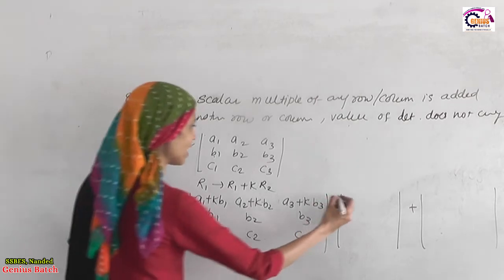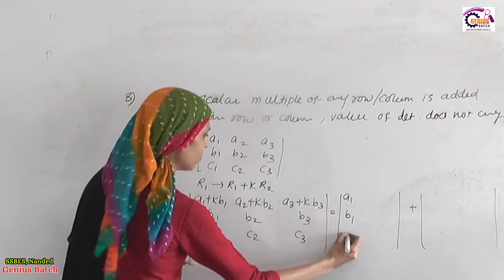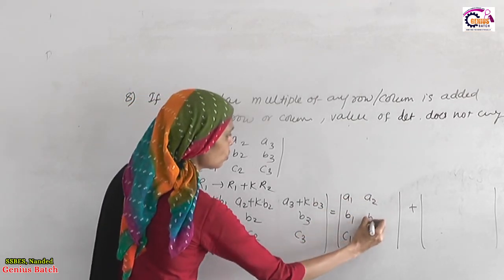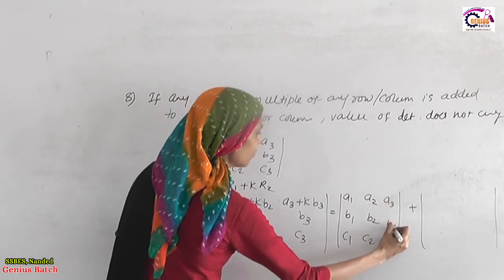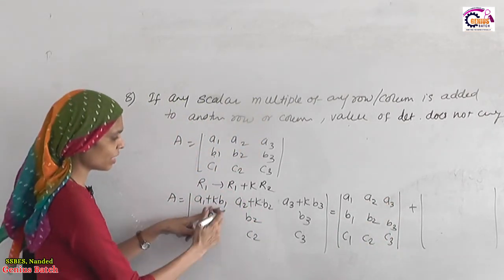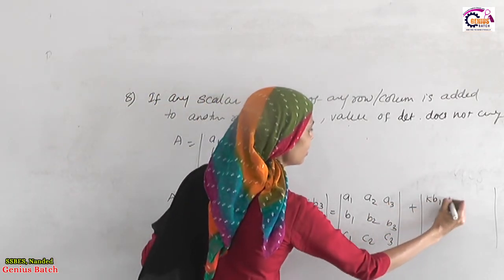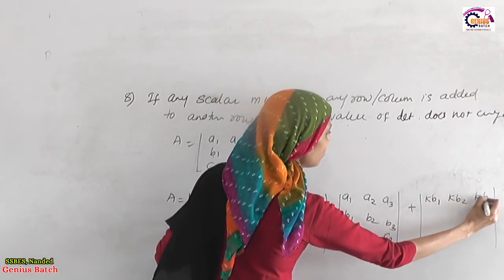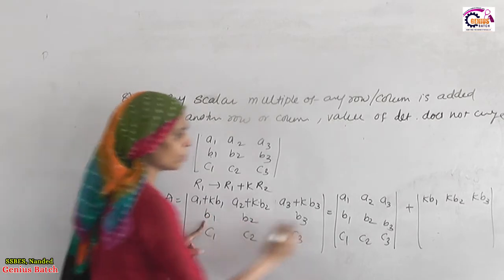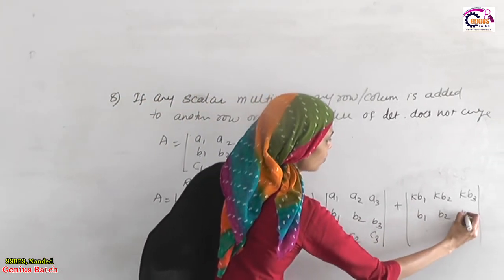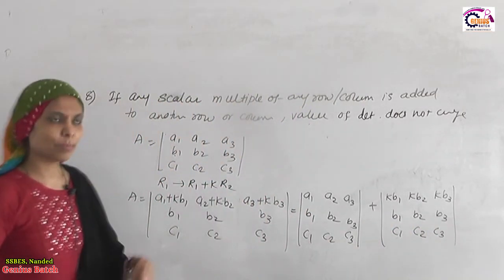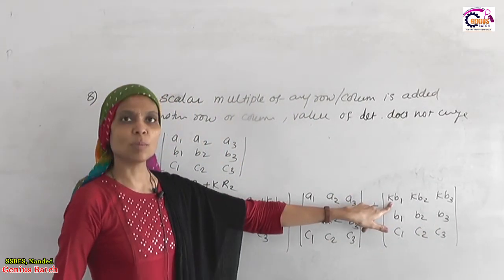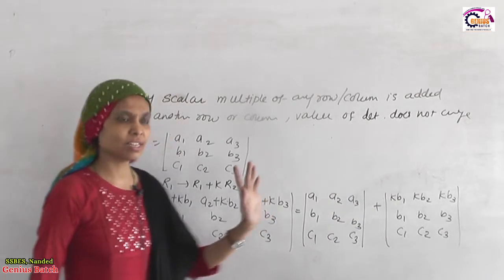So we can write this as A1, B1, C1, A2, B2, C2, A3, B3, C3. Okay, and the second determinant will be kB1, kB2, kB3, second row B1, B2, B3, third row C1, C2, C3. आणखी एक property आपण पाहिली की if k is a common multiple, you can take it outside the determinant.